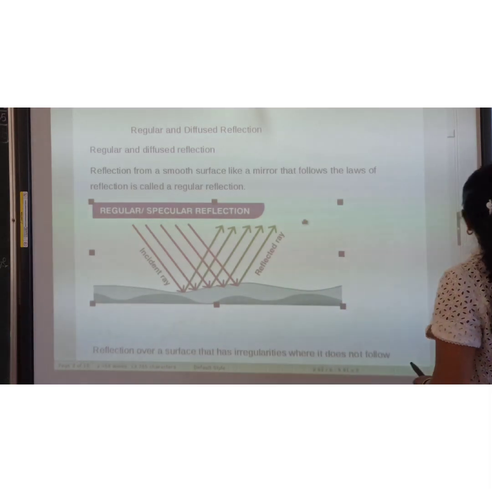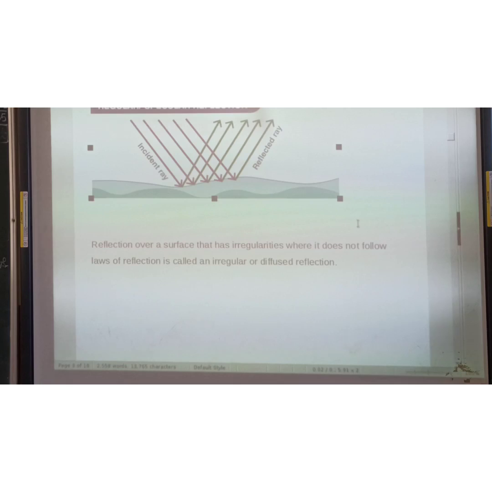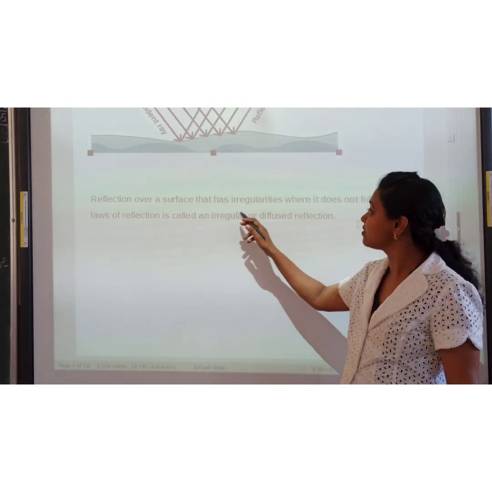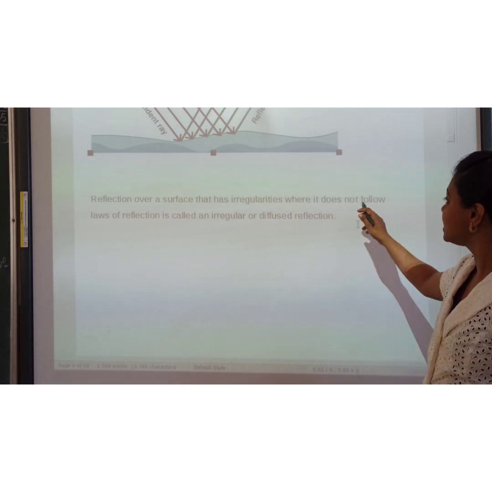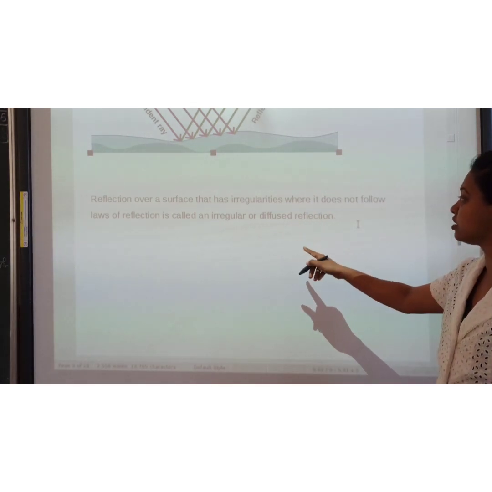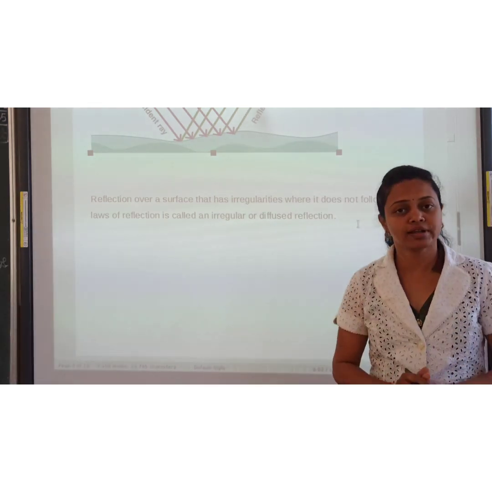Now, reflection over a surface that has irregularities, where it doesn't follow the laws of reflection, is called irregular or diffused reflection.